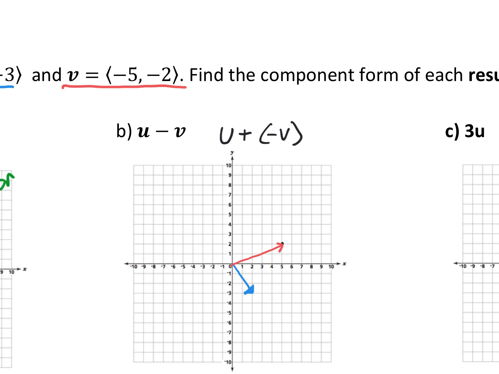So I'm just going to grab this one, move it head to tail, and the resulting vector is right there. Okay, again, I can see what that is in component form, and then I'm going to check it algebraically below. So this would be +7 and -1 is what it looks like I'm getting.